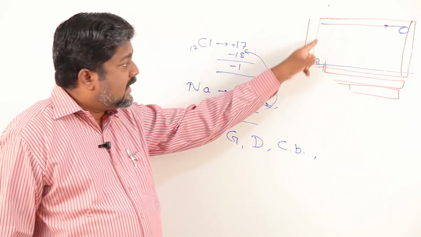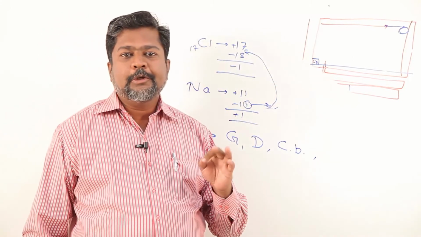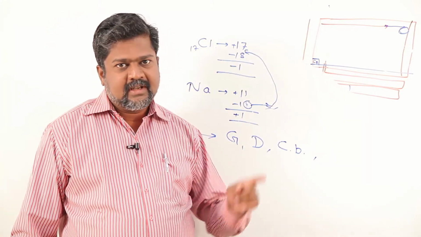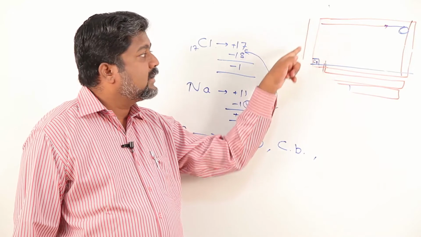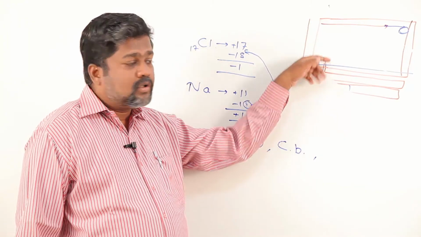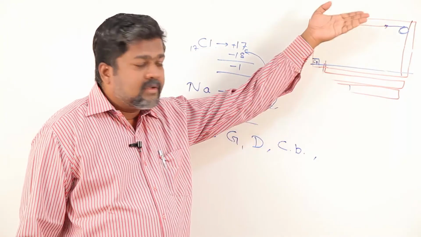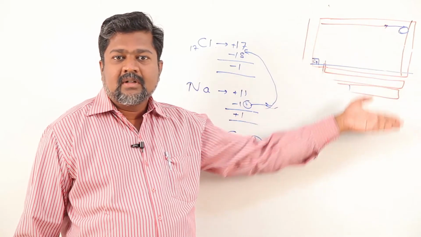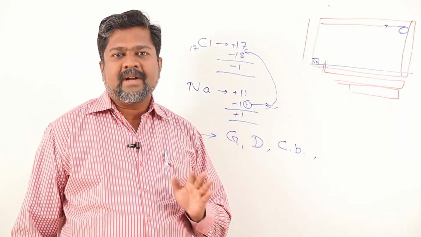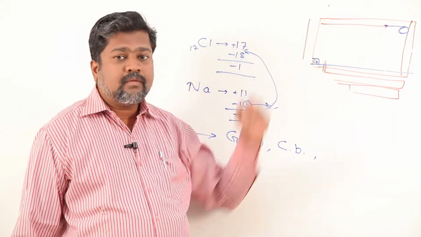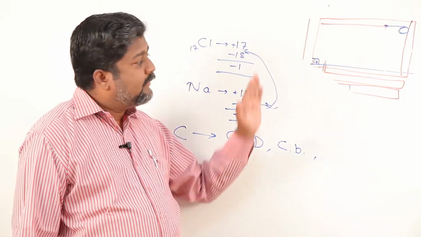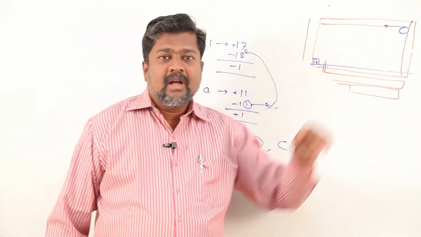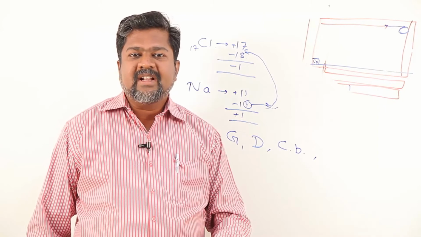So as we move down the group, IP value decreases, therefore metallic character increases.